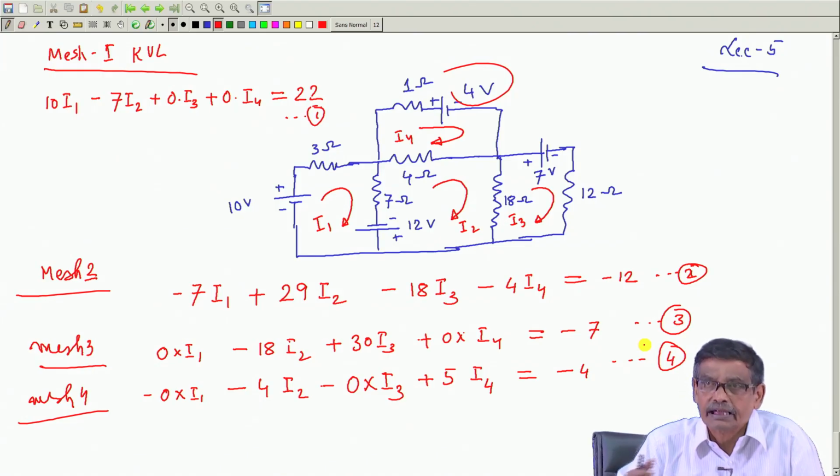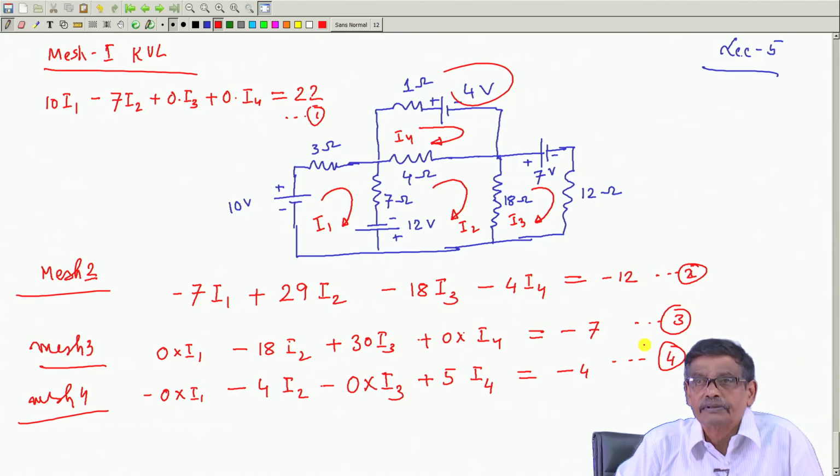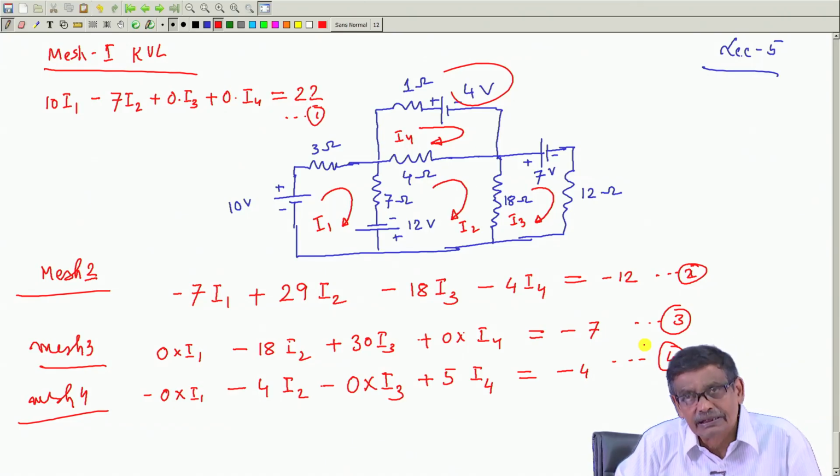That is the advantage. I mean, you go on writing this mesh analysis. How many equations you have to solve? As many meshes as there are, that is fine.